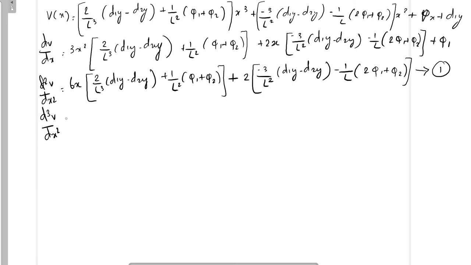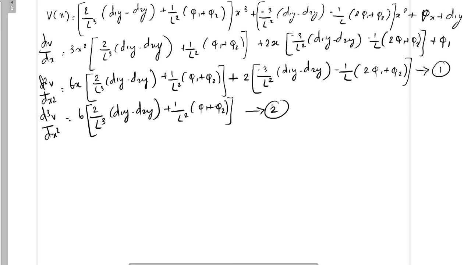Once again, d³v/dx³ is 6 [2/L³ (d1y − d2y) + 1/L² (Φ1 + Φ2)], and all other terms are 0 because they are constants. Consider this equation number 2.